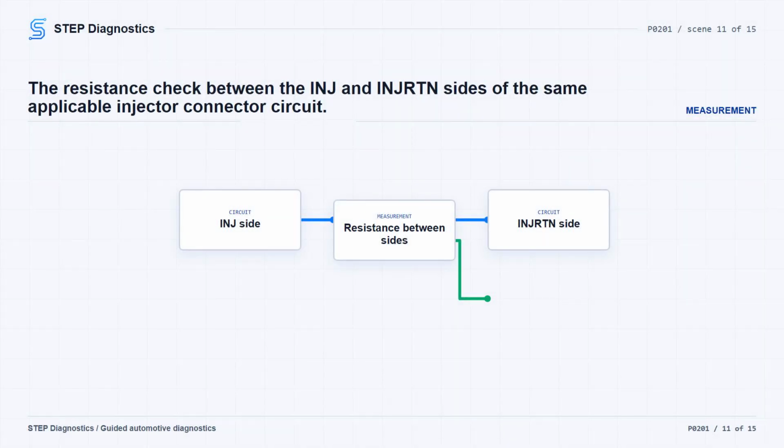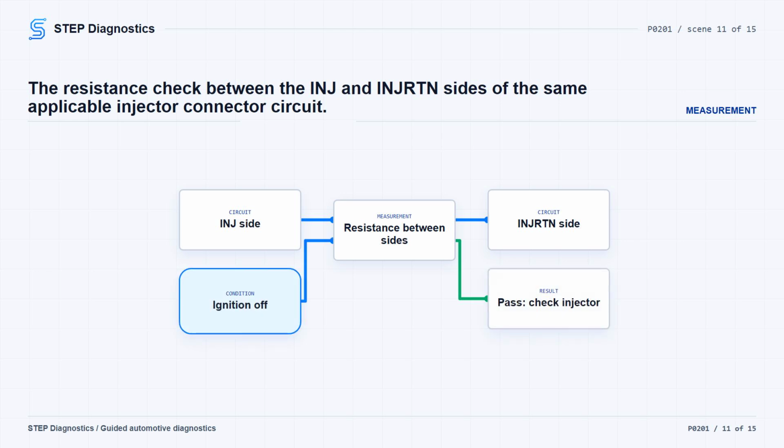With the ignition off, measure resistance between the INJ and injectant sides of the applicable injector connector circuit. This check should be greater than 10,000 ohms. If it passes, go to the injector resistance check. If it does not, repair the short circuit, clear the PCM codes, and repeat the self-test.